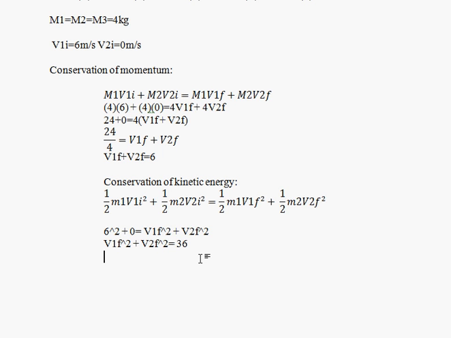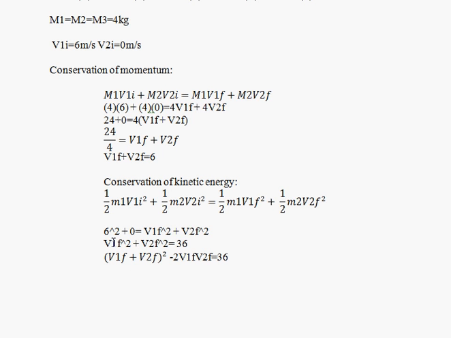Now here is the interesting mathematics. v1 final squared plus v2 final squared is (v1 final plus v2 final) squared minus 2 times v1 final multiplied by v2 final. Here's the trick.